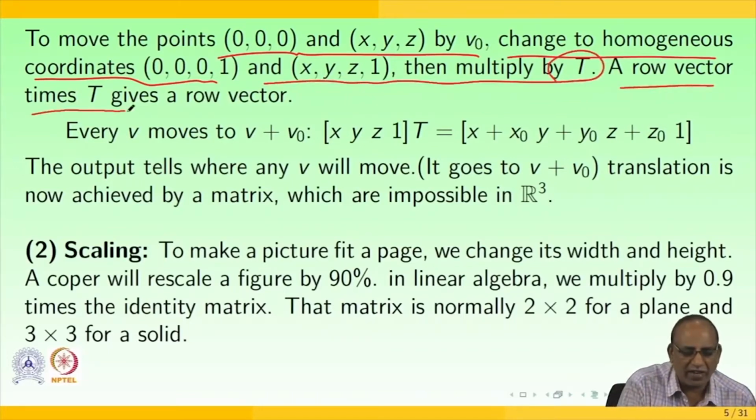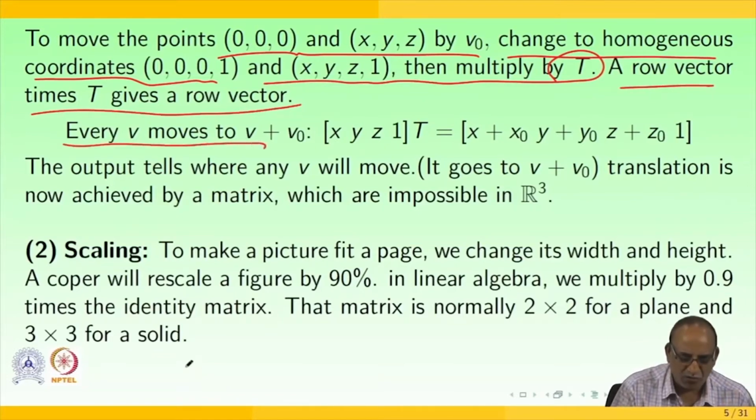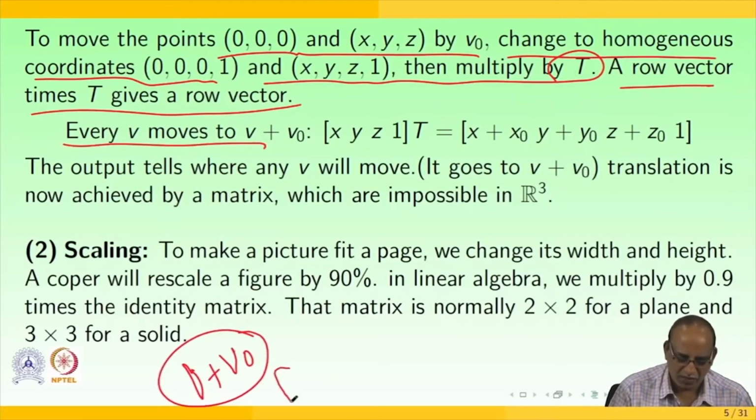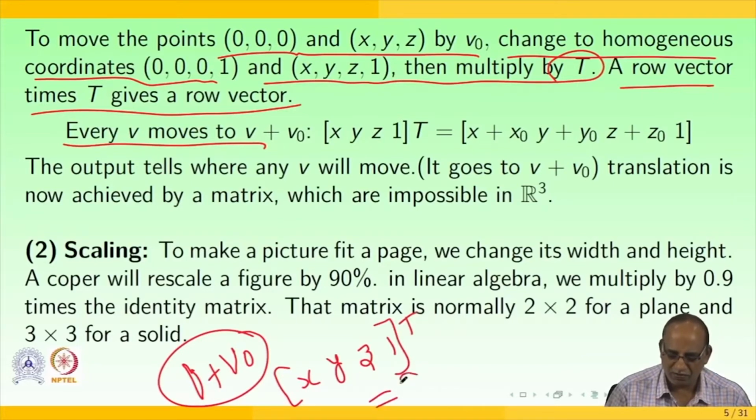A row vector times T gives a row vector, that is, the vector moves to v plus v0. So x, y, z, 1 is equivalent to x plus x0, y plus y0, z plus z0, 1.